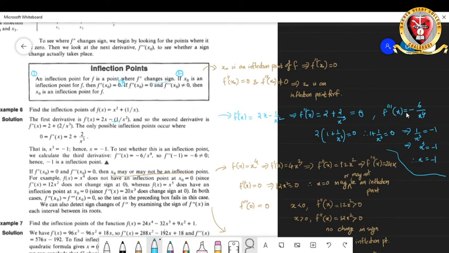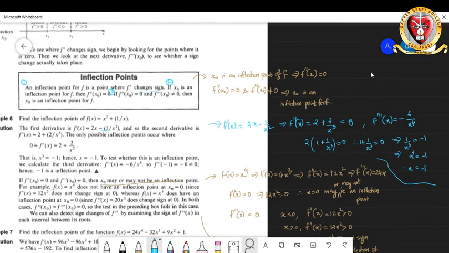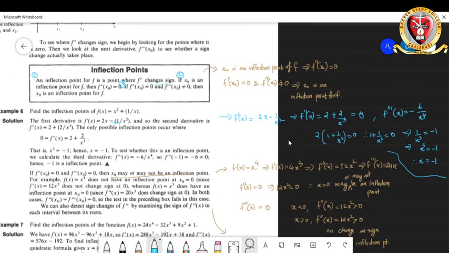That is f triple dash of minus 1 is equal to minus 6 by minus 1 the whole raised to 4, which is equal to minus 6, which is strictly less than 0, and which is not equal to 0, right? So by definition you get that x is equal to minus 1 is an inflection point of the given function.